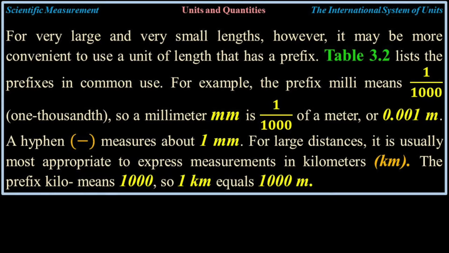For large distances, it is usually most appropriate to express measurements in kilometers. The prefix kilo means 1,000. So 1 km means 1,000 meters.